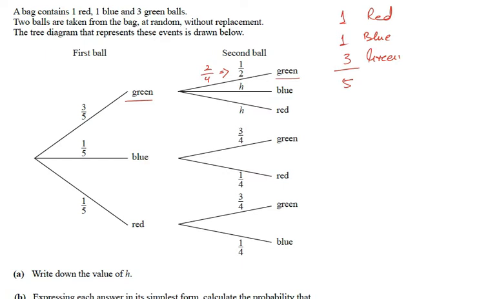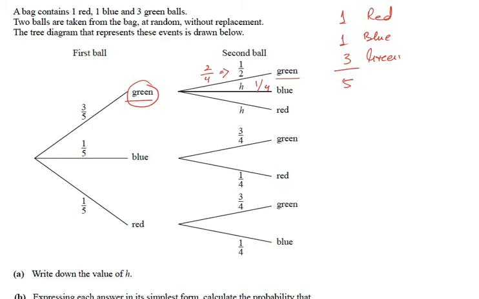So how many blue balls do we have? Only one blue ball, so it will be 1. But in the denominator, as we have taken one green ball from the bag, how many total balls remain in the bag? 4. So the value of h is 1 upon 4.